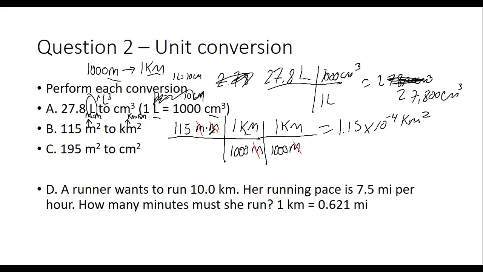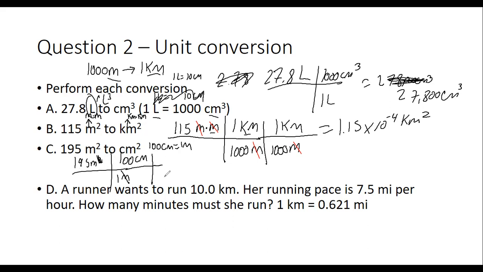Okay, C. So meters to centimeters. There are 100 centimeters in 1 meter. So 195 meters squared. So 1 meter is 100 centimeters. So meter cancels out. One of the squares cancels out because remember, meter squared is just meters times meters.